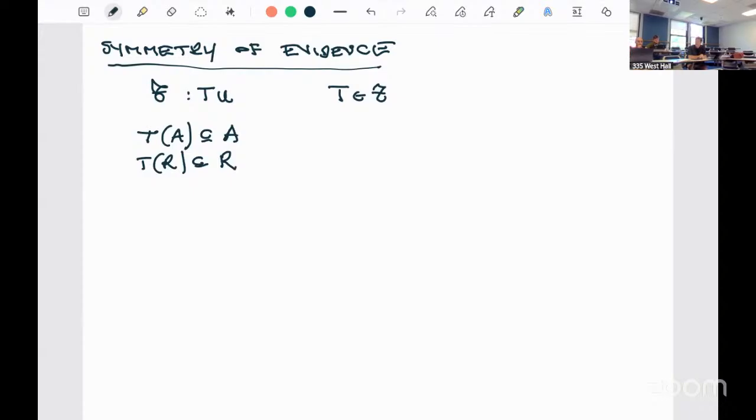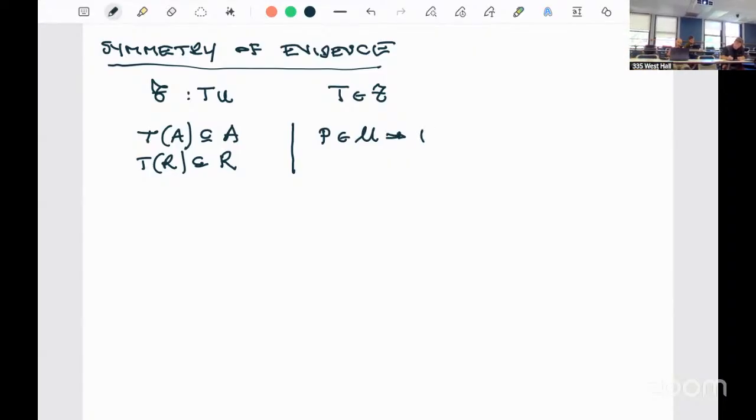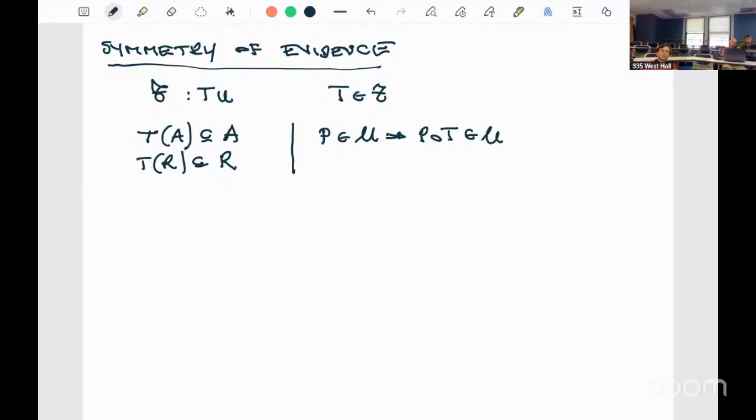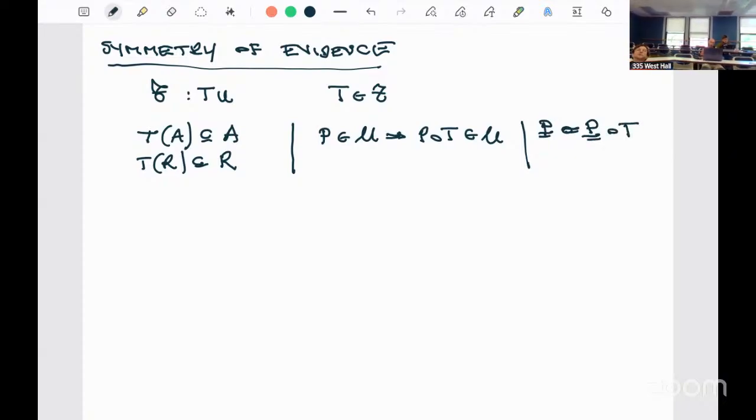This is a symmetry of evidence. In terms of sets of probabilities, it says that if P is in my set of probabilities, then the transformed P, so P after T, also has to be in it. So this is the symmetry that you were talking about. In terms of upper probabilities or upper previsions, it's a bit like P is equal to P after T. You make the transformation and the upper expectation is invariant.